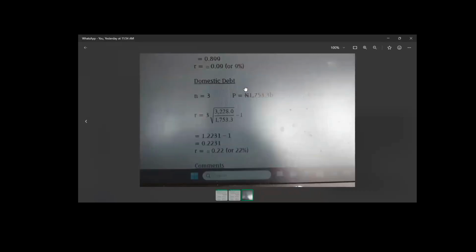Now, if you want to compute the growth rate, the formula for computing growth rate is R equals the Nth root of accumulated debt over initial debt, minus 1.